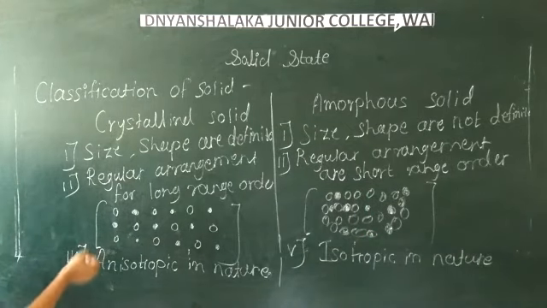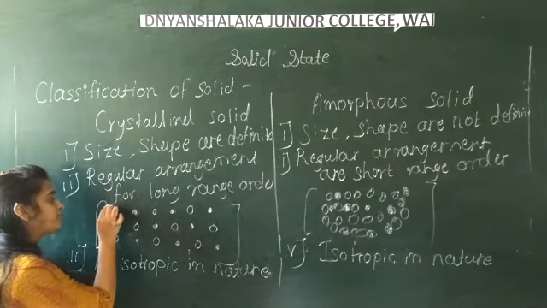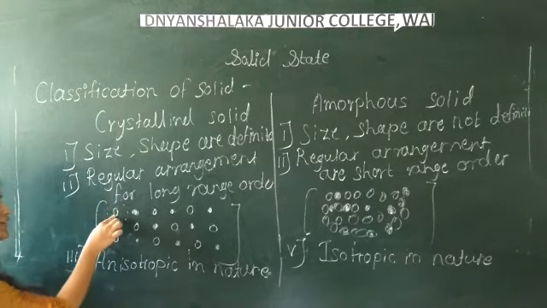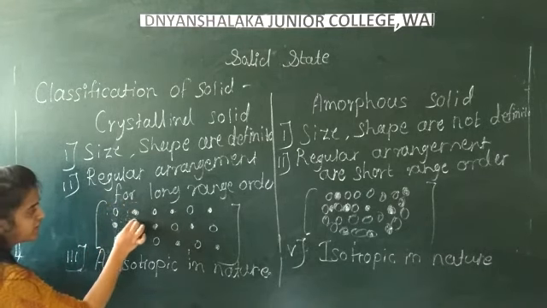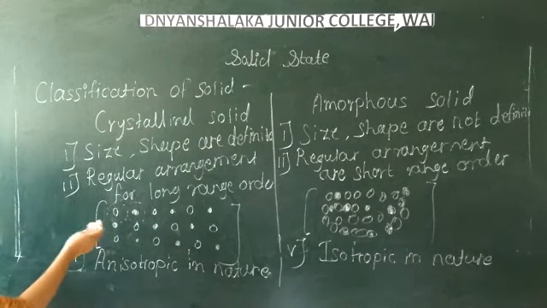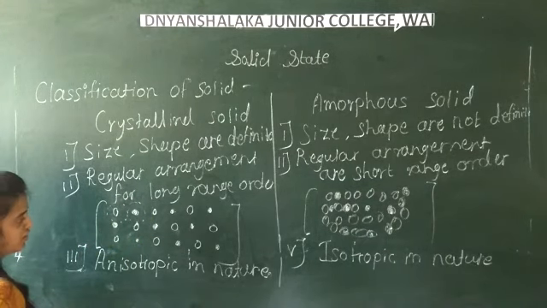Anisotropic means, for example, in the structure of an atom, the middle is the nucleus. So the second atom is like this, regular arrangement in long range order.